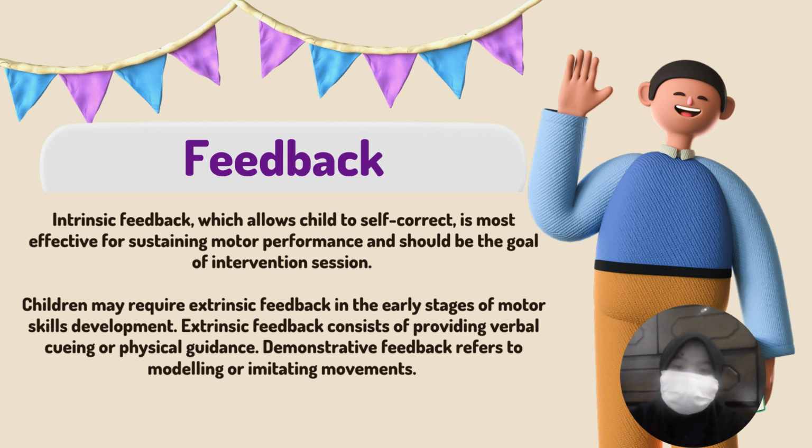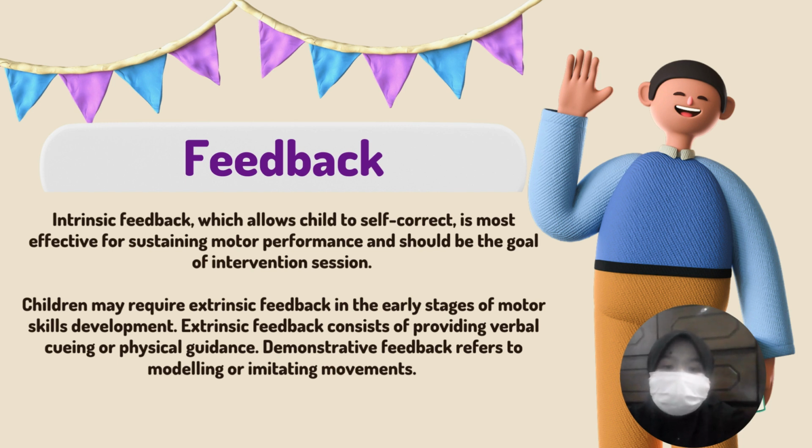Going on to extrinsic feedback, children may require extrinsic feedback in the early stage of motor skill development. Extrinsic feedback consists of providing verbal cueing or physical guidance, and it is a little different from demonstrative feedback, as demonstrative feedback refers to modeling and imitating movement.